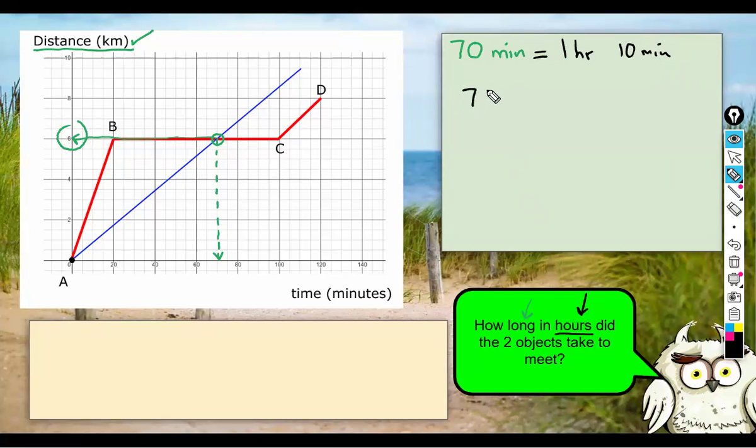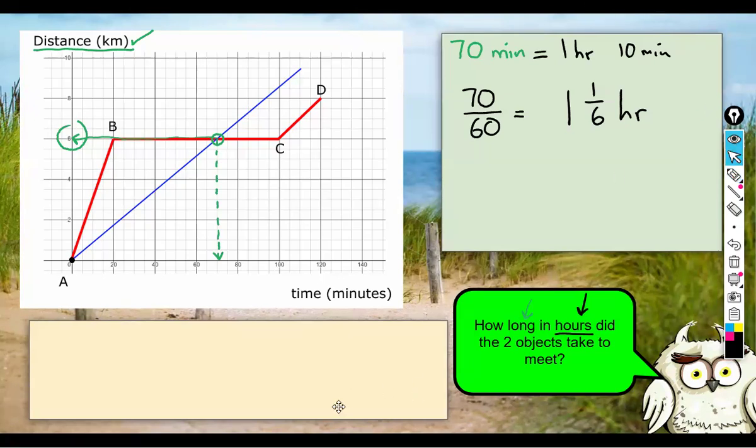So if you take 70 and divide it by 60, won't you get 1 and 1/6 hours? I know some people would have put it as a decimal, but I would prefer the 1 and 1/6 because if you use 1/6, there's no rounding off. And I know some examiners can be picky. Whenever you get a fraction that's a recurring number, it's better to use the fraction.